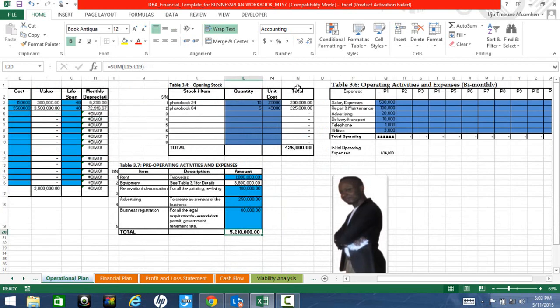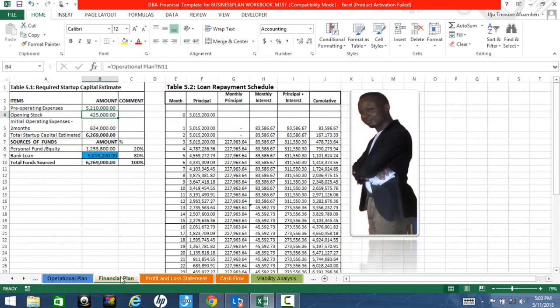N11, this is column N, this is row 11, so N11, and this value is actually coming from our opening stock. This is what we have as our opening stock. Good. So let's come back. Financial plan.